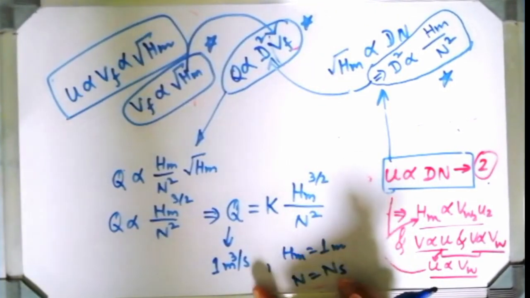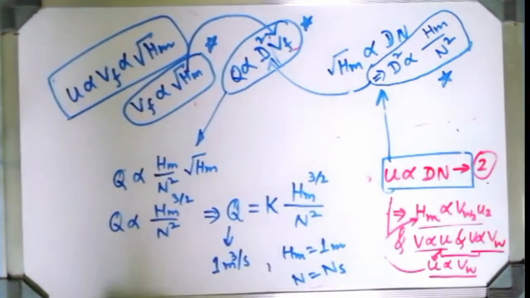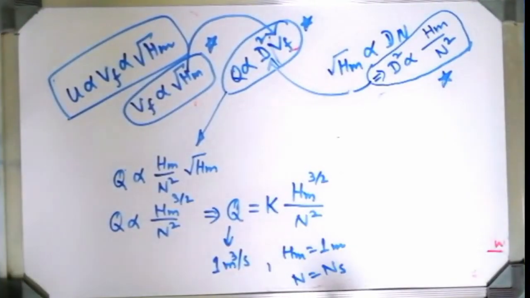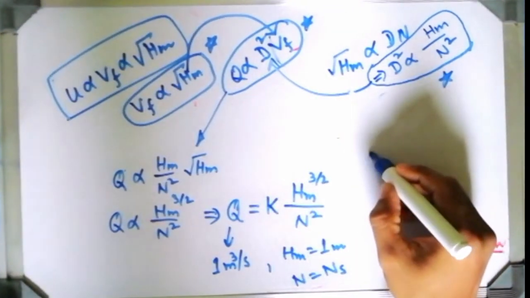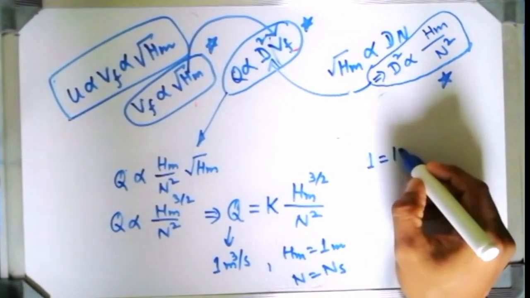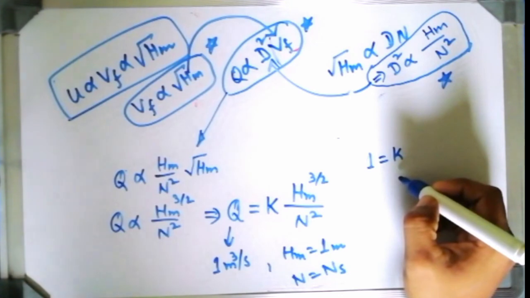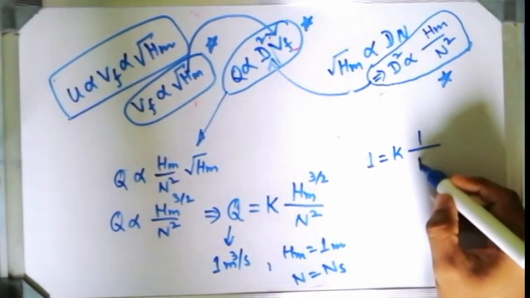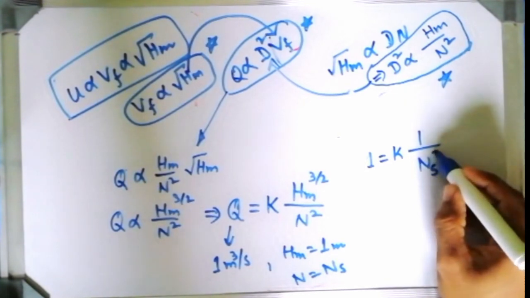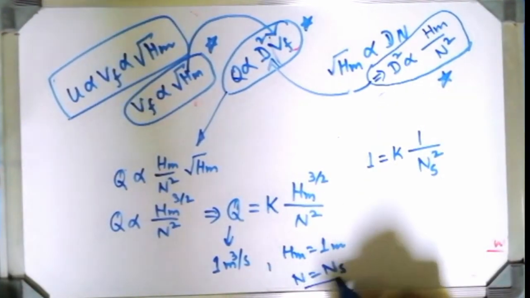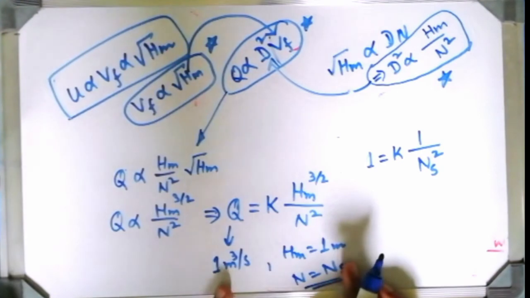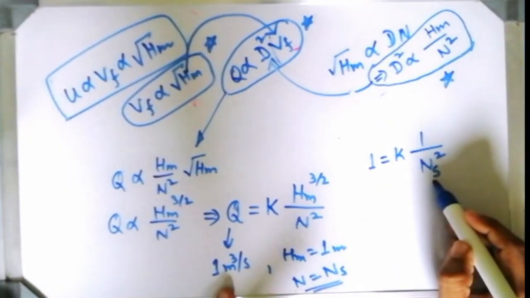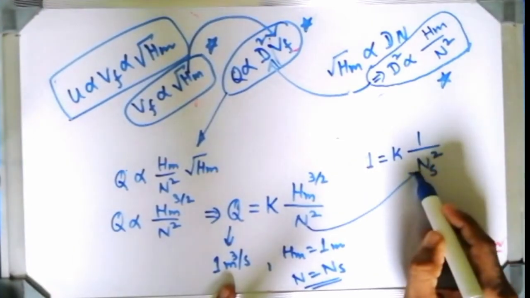So if we put this condition in this equation, what does this give? Obviously it will give you the specific speed. Now put q as 1, k I am leaving like that, h value will be replaced by 1 also, and n will be replaced by ns square. Why ns? That is the specific speed. If we put all these conditions, then that speed will be known as specific speed. That is why I replace n by ns.